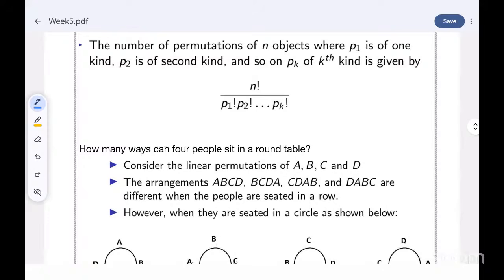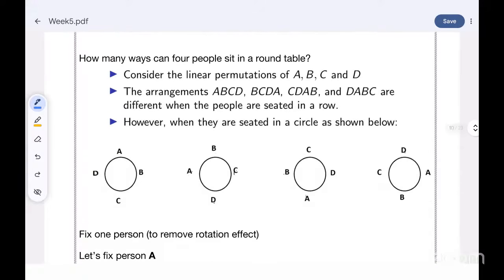If you consider A B C D, B C D A, C D A B, D A B C, and they are sitting in a row, you can see these are different arrangements. Now let us look at the same arrangements in a circle. The first one is A B C D, the second is B C D A, the third is C D A B.